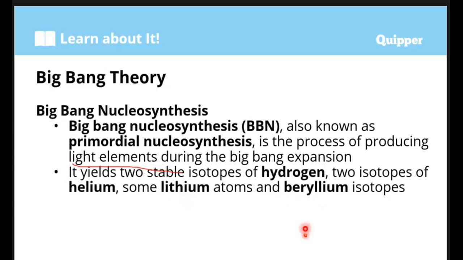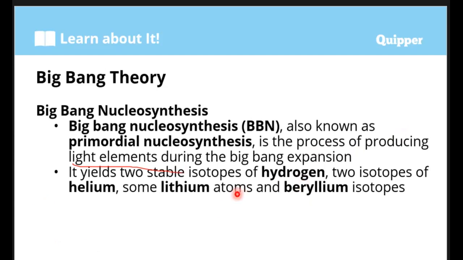For example, hydrogen's atomic number is 1. This is the first element, and this is also the lightest, yung may pinakamagaan na element. How do we say that it is the lightest? Because its atomic number is 1, and most likely its atomic mass is also 1.